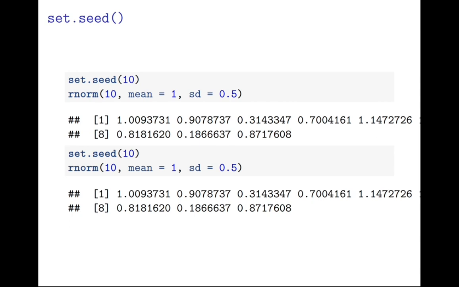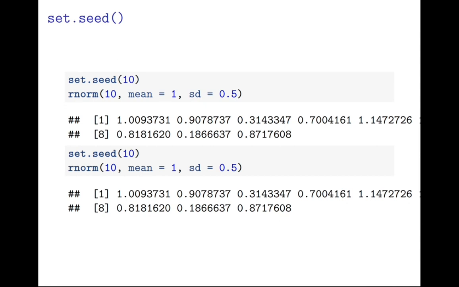And so that brings in the set.seed function. Every time you run rnorm or any sort of random distribution function where you're drawing from that distribution, R will pick a number to start with in its list of the seeds that its random draws start from.